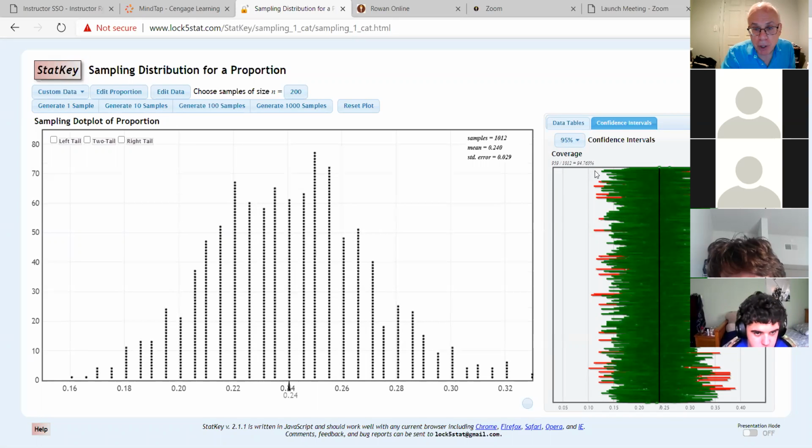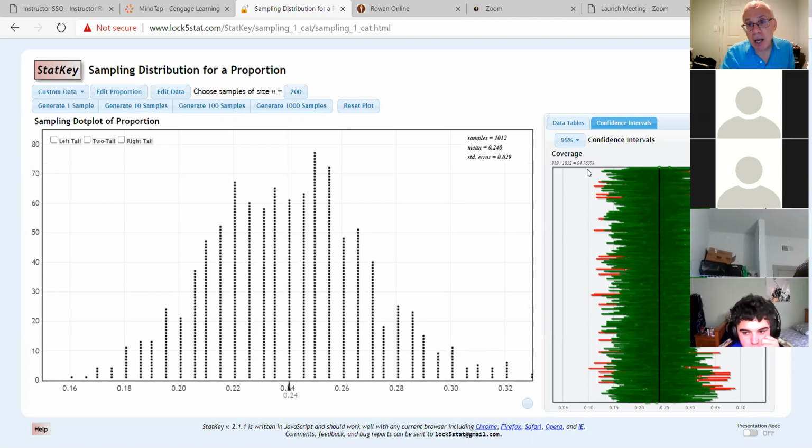So in this particular case, out of the 1,012 samples that were chosen, and it shows it right here under the word coverage, 959 of them are green. 959 contain the population parameter 0.24, and the other ones, the difference between 1,012 and 959, 53 of them, do not. 53 of them are these red lines.